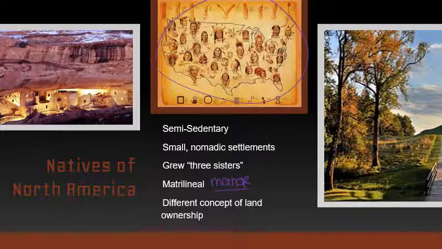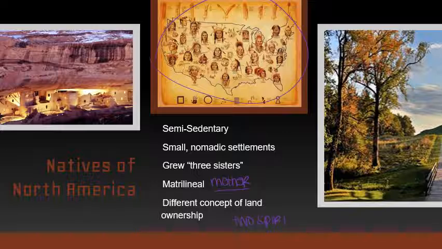There's also something that's really, really interesting in Native culture, and it's something that you see a lot throughout the non-Western world. You don't see it as much in Western civilization, in European civilizations and things like that, but you're going to see something called two spirits in Native America.